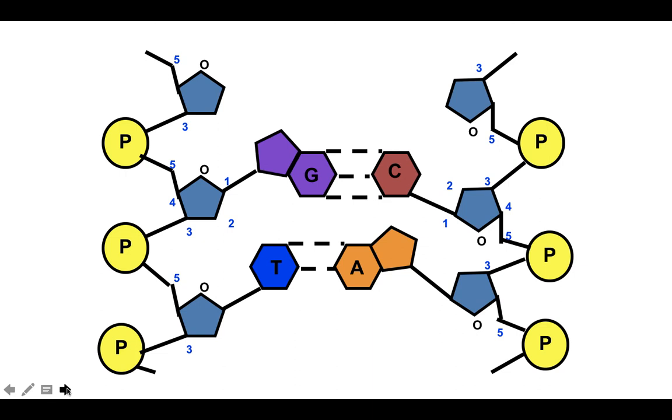As you can see, one strand runs from 5 to 3 prime, and the opposite strand runs from 3 to 5. The anti-parallel nature of DNA is described as when the head of one strand is always laid against the tail of the other strand.